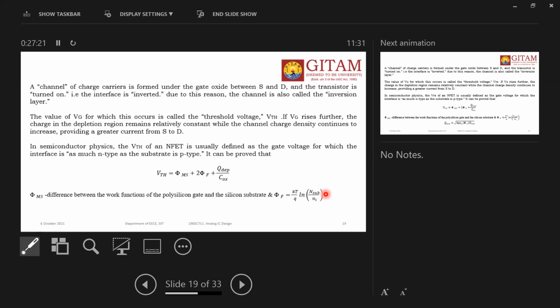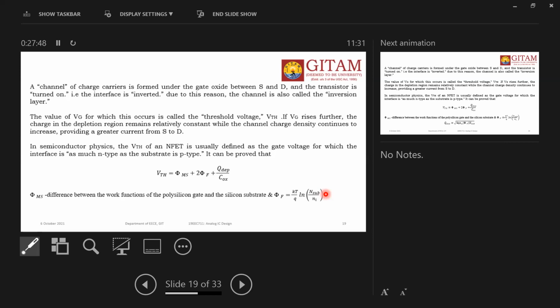To make it p-type, you dope it with some impurity atoms. How many atoms you use for doping the substrate is called the N sub. And ni is the intrinsic carrier constant.